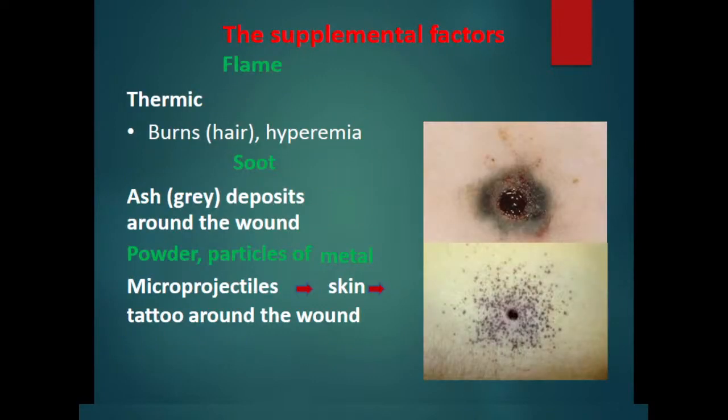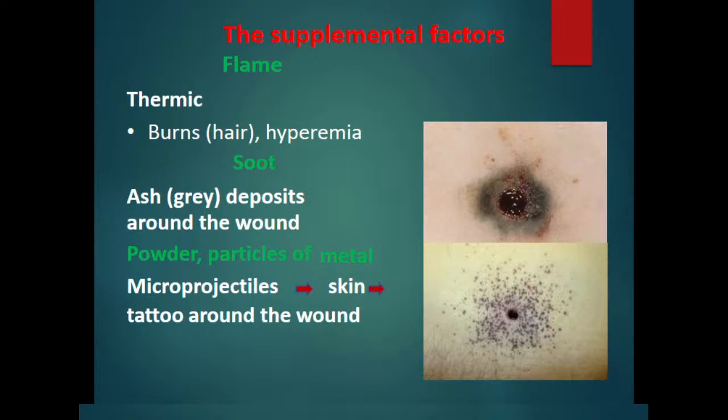Another supplemental factor is the effect of the flame. Flame might cause a thermal effect, which is manifested as burns and hyperemia. Soot is burned carbon, and it could be deposited around the wound, as in the upper picture. This is also evidence of a relatively close range shot.